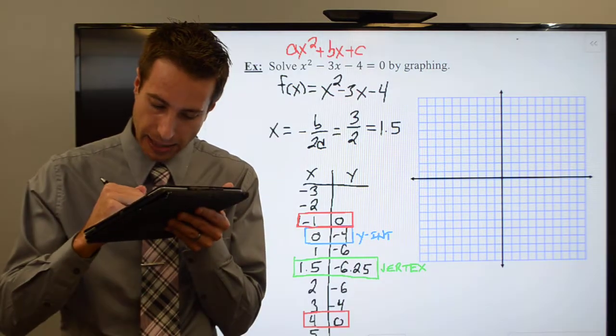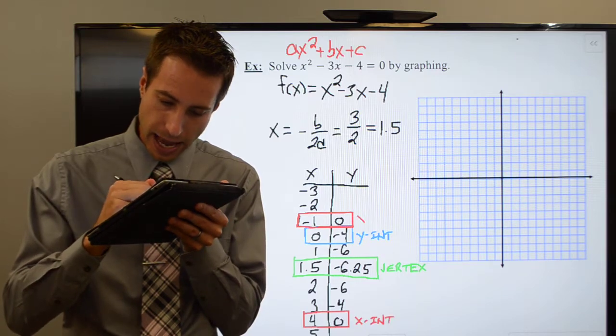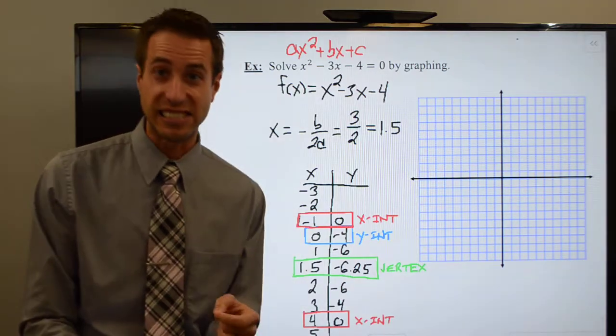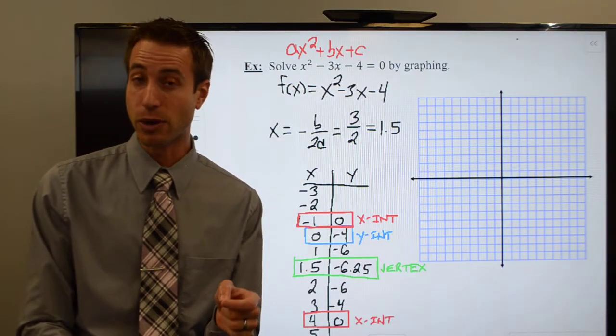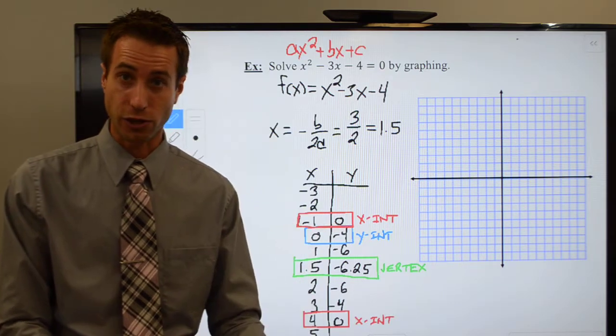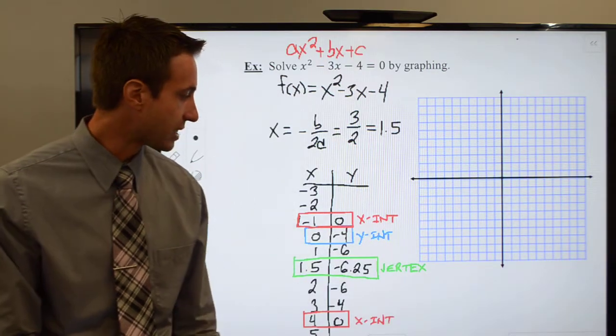So this is an x-intercept. This is an x-intercept. They represent the zeros of the equation, or the roots of the function, all right? Zeros or roots, in either case, they're both representing x-intercepts.